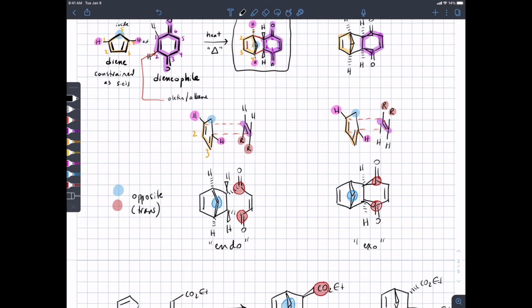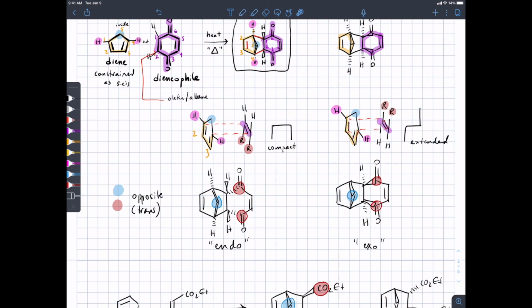However, there's an alternative explanation, and that is that the shape of the endo transition state, if you think about the atoms that are involved in making bonds, sort of looks like this from the side, whereas the transition state for the exo diastereomer sort of looks like this. And the idea is that the endo transition state is more compact, whereas the exo transition state is more extended.